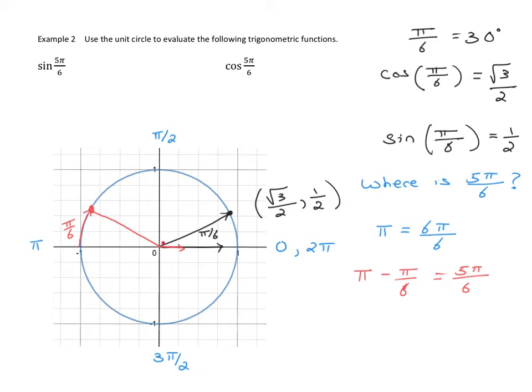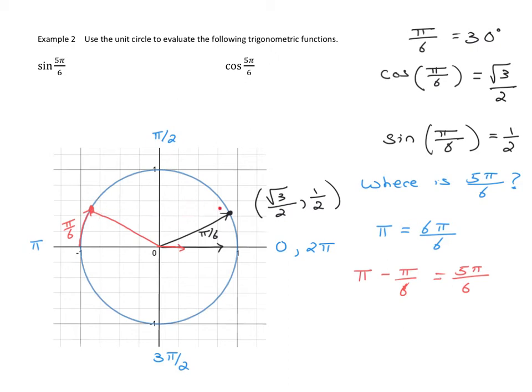All right, so if this is pi over 6, the way symmetry works on the unit circle is that 5 pi over 6 is directly opposite, a mirror image over this axis. So that's right here. It's on the same level as this point here. If you want to know sine of 5 pi over 6 and cosine of 5 pi over 6, you just need to know what the x and y coordinates of this point are equal to.